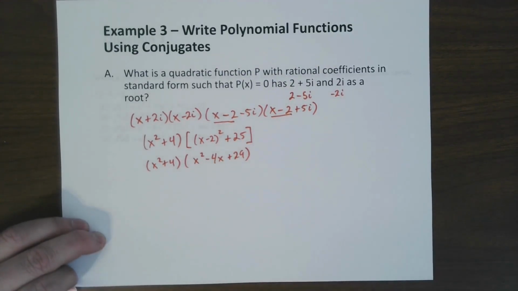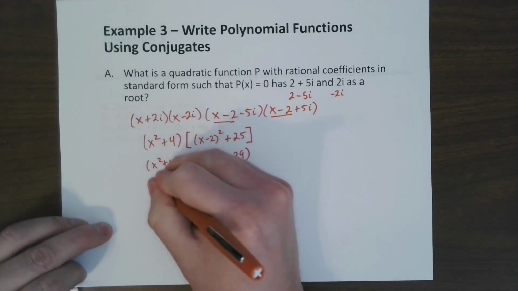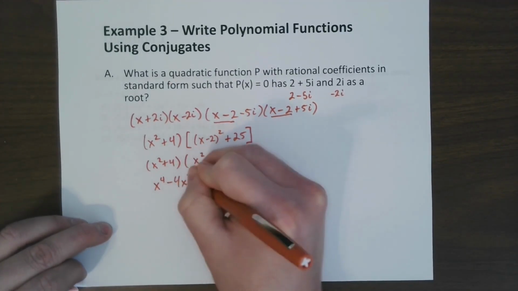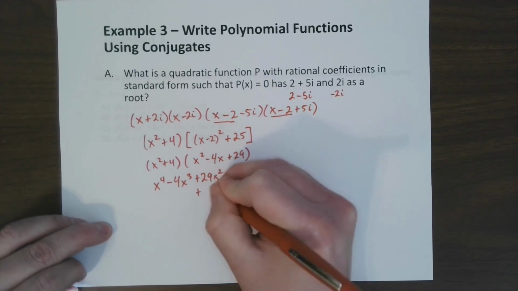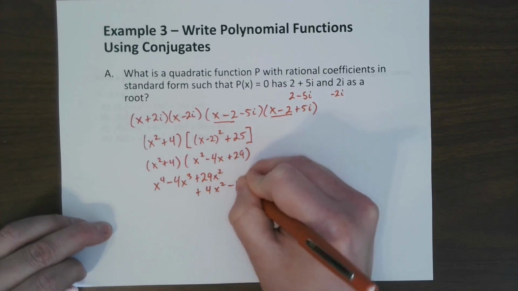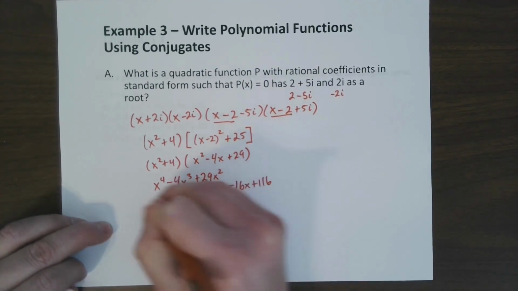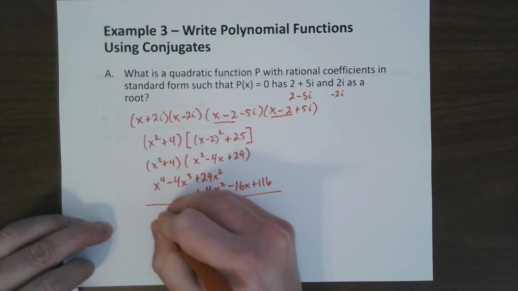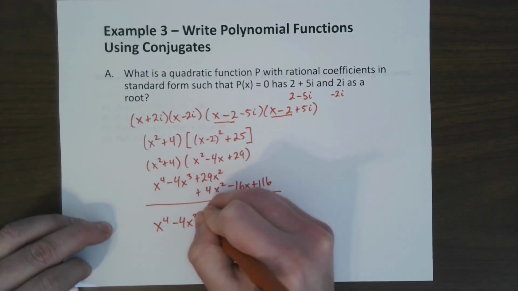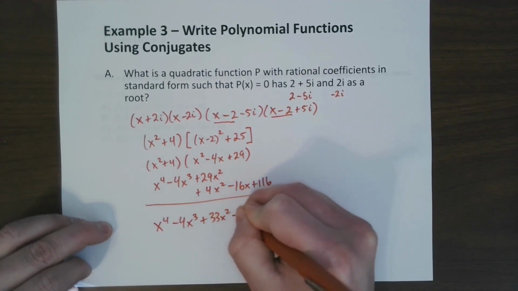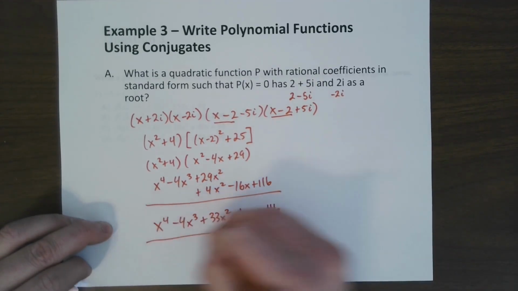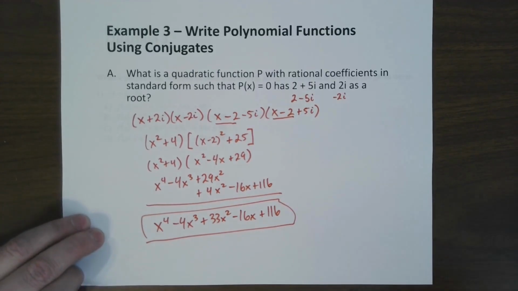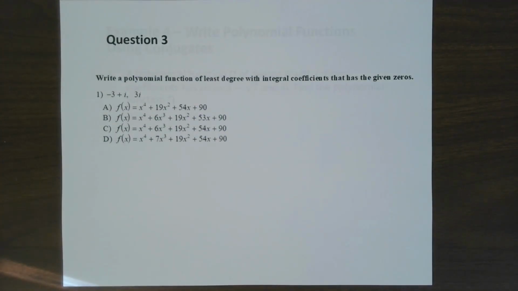And if you do that, you get x^4 minus 4x cubed plus 29x squared plus 4x squared minus 16x plus 116. And our final answer would be x^4 minus 4x cubed plus 33x squared minus 16x plus 116. And that is the process you have to go through for these problems. They are quite extensive. Go ahead and try this problem.